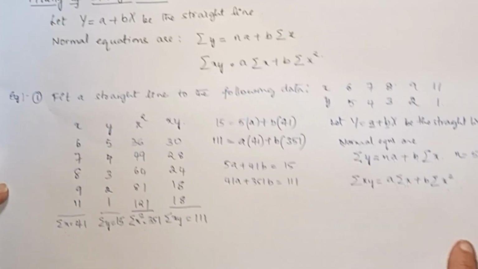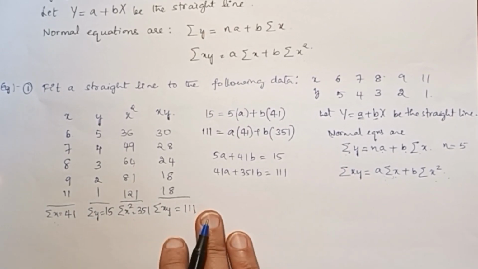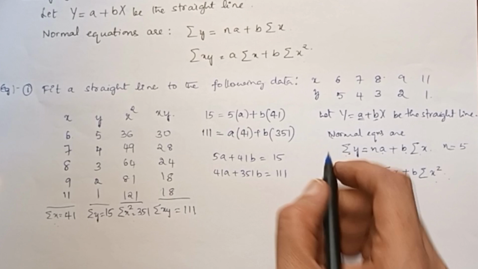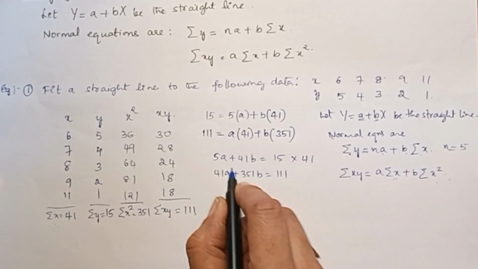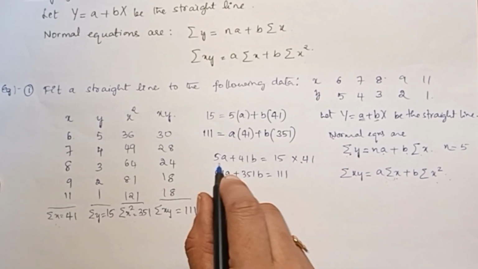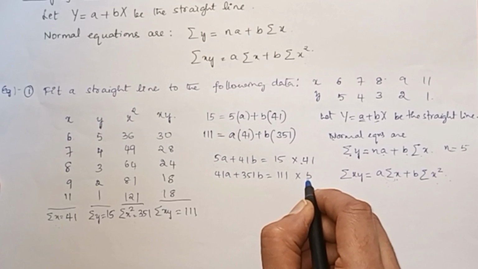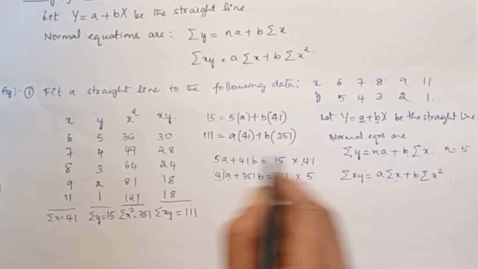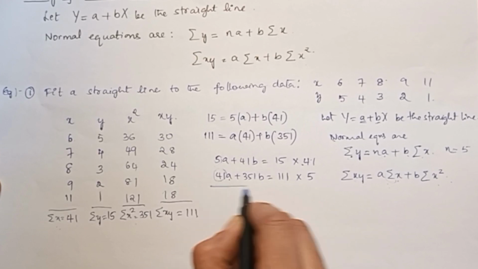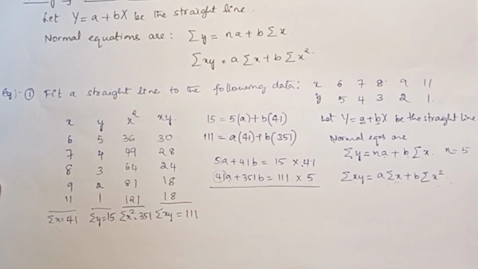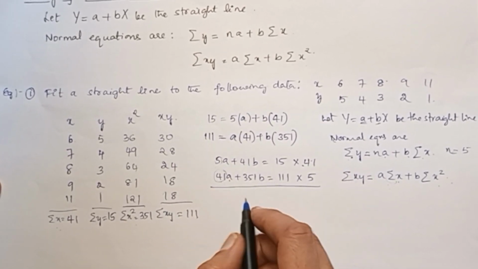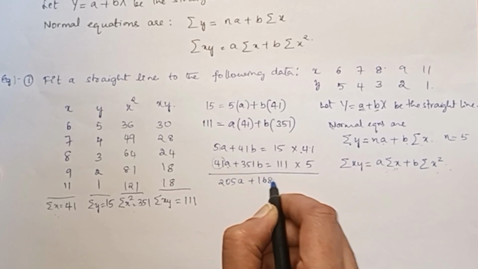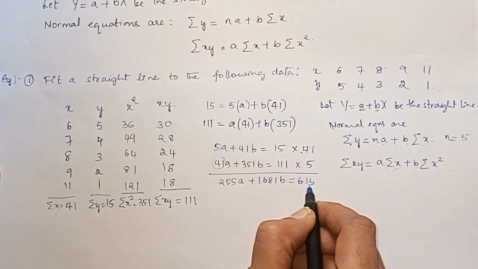Now these are the two simultaneous equations I obtained. Now I have to solve these two equations. To solve these two equations, let us multiply by 41 to this first equation and by 5 to the second equation, because coefficient of a here it is 41. So here 41, here it is 5. Therefore, you have to simplify it further. So that gives you 205a plus 1681b equal to 615.